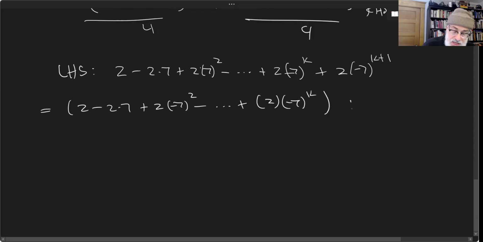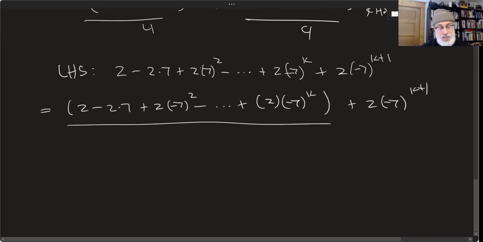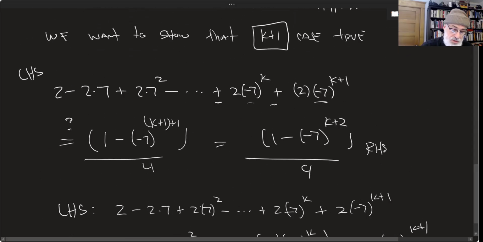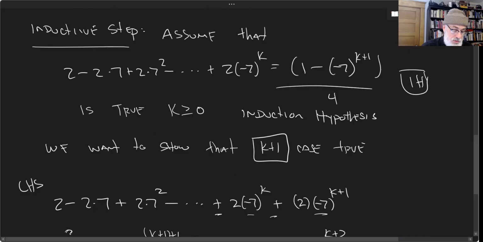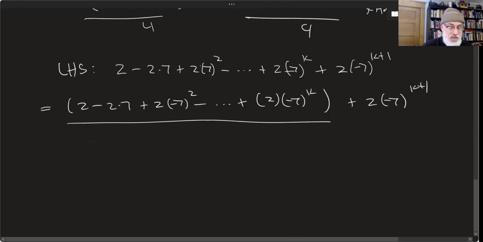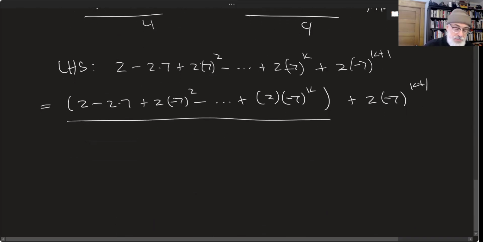I'm grouping all that and leaving the last term outside, because this grouping is what I assume true. That's the induction hypothesis. Remember, we stated the induction hypothesis is true up until k, and we said that this sum is equal to 1 minus negative 7 to the k plus 1, divided by 4.